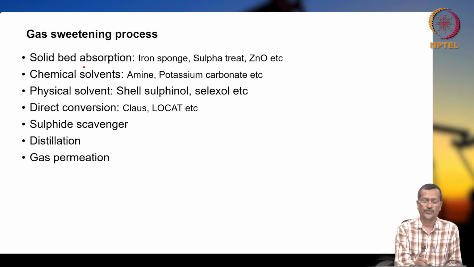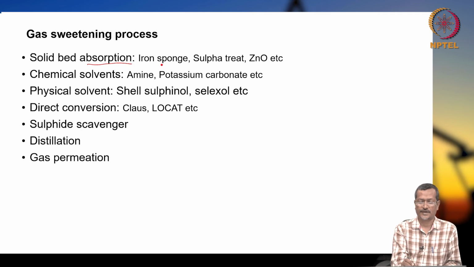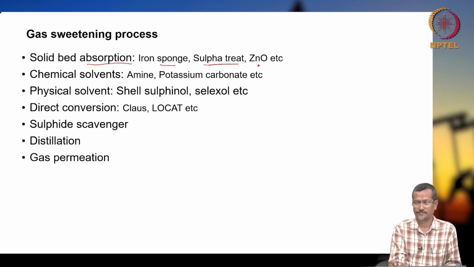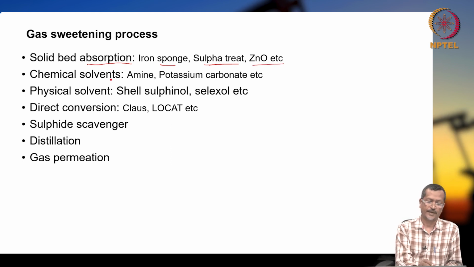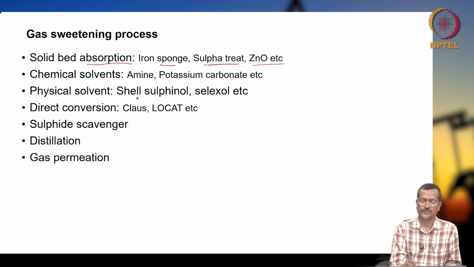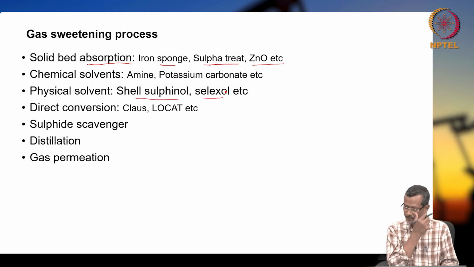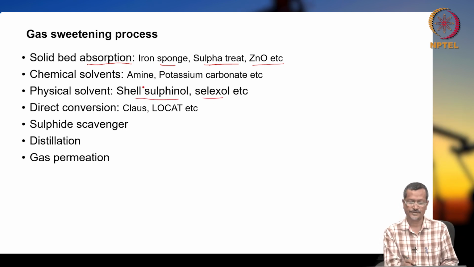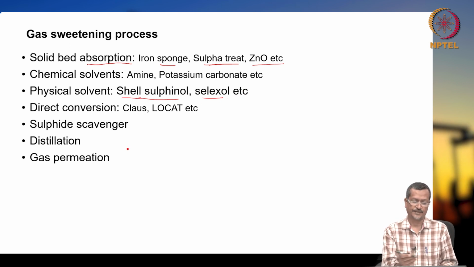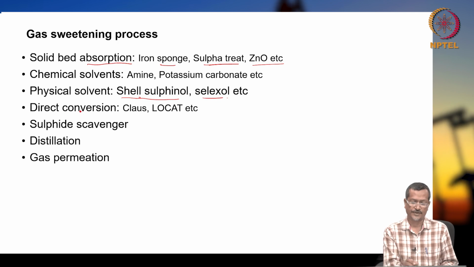The solid bed absorption processes like iron sponge, SulfaTreat, which is a company name, and zinc oxide; chemical solvents like amine and potassium carbonate; physical solvents like Shell Sulfinol and Selexol. These are actually company brand names. We will see details of these later.